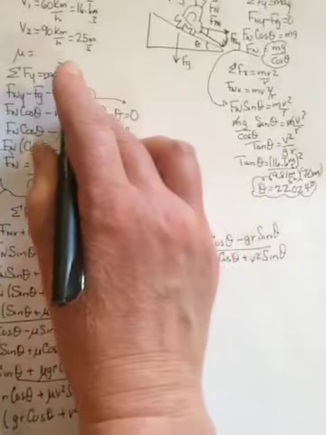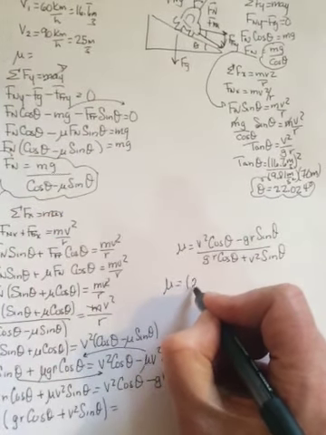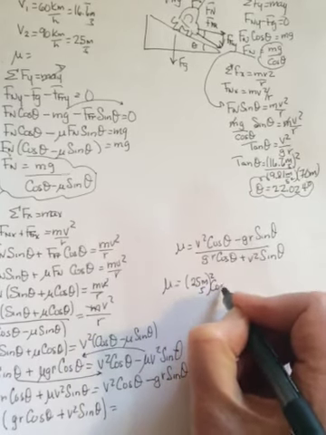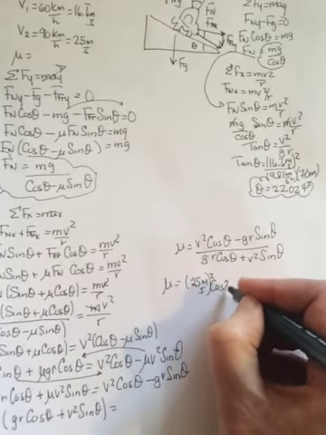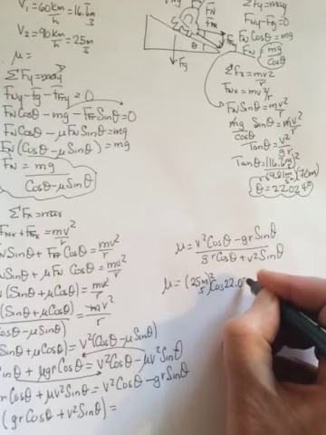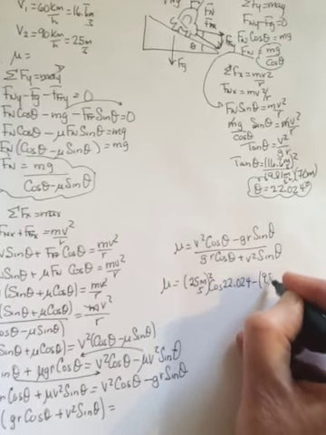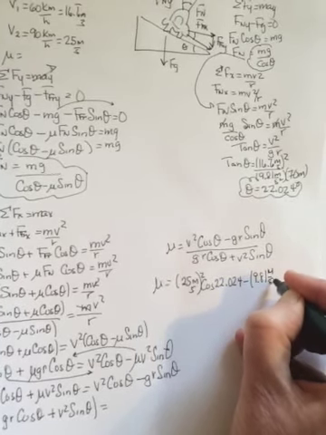V this time is the 25 meters per second. So 25 meters per second squared. Cos of the angle we had just found, 22.024, minus 9.81 meters per second squared.